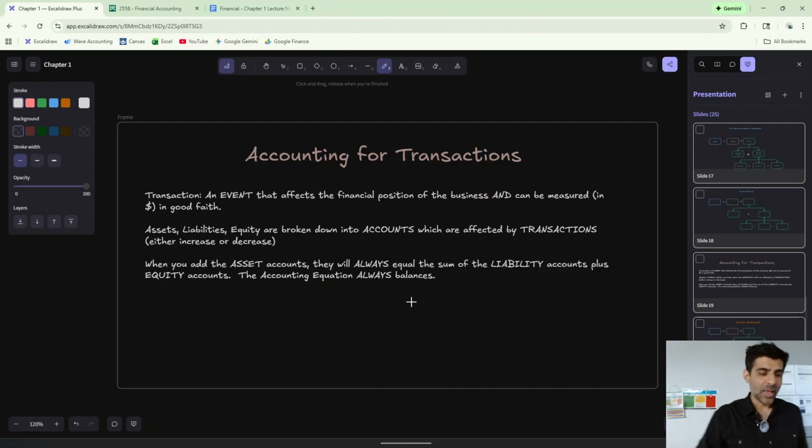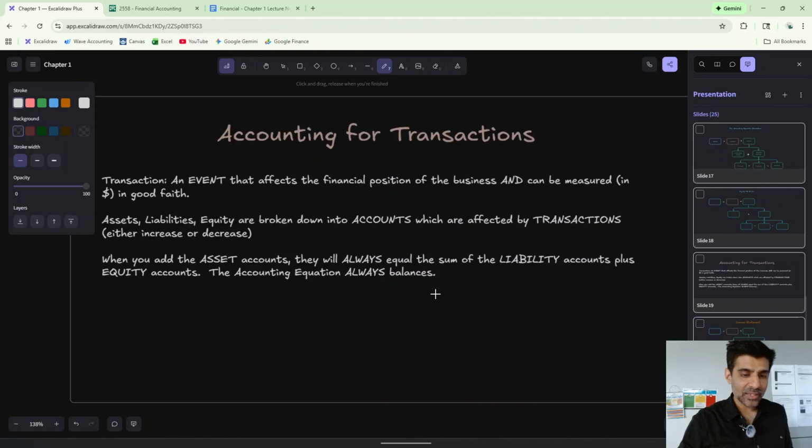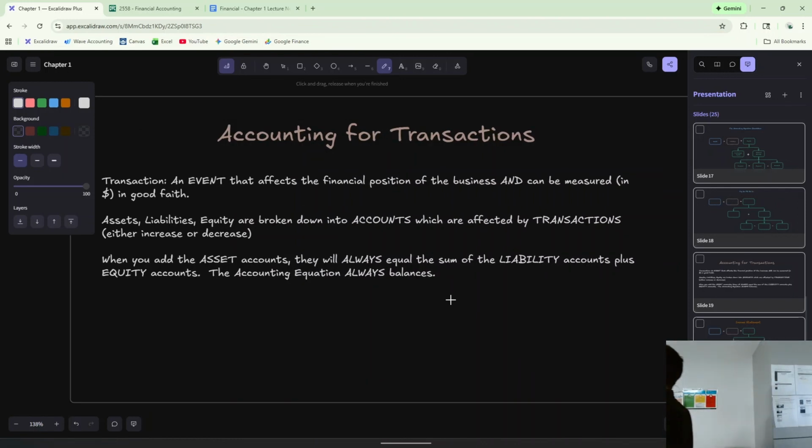Okay. So a transaction is any event that affects the financial position of the company and can be measured. Something like, your biotech company gets a drug through phase 3 approval with the FDA.